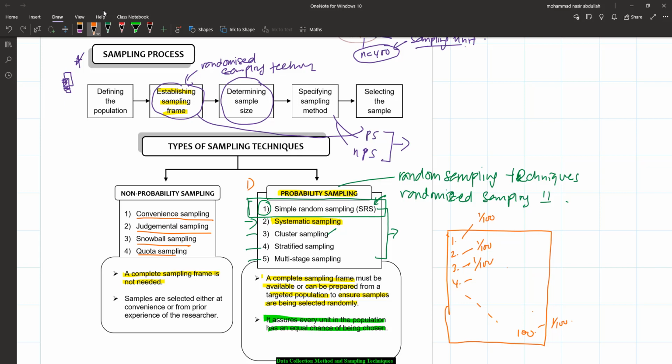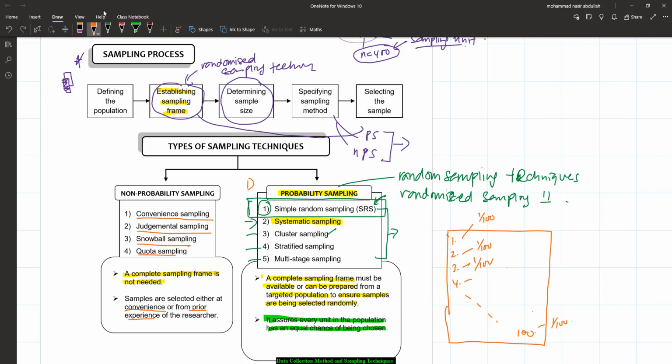Right? A complete sampling frame is not needed because we are not going to use a sampling frame at all for non-probability sampling techniques. Samples are selected either by convenience or from a prior experience of the researcher. At convenience, maksudnya let's say they want to do a study on brand of cigarette.